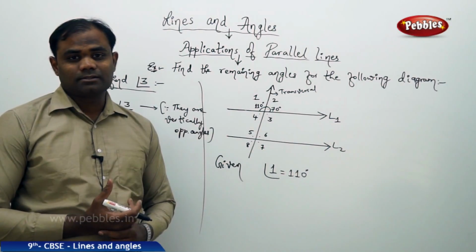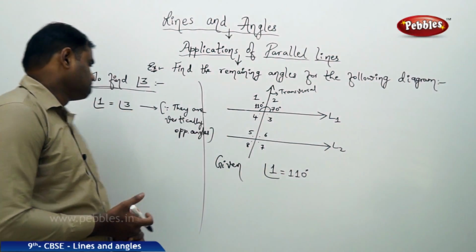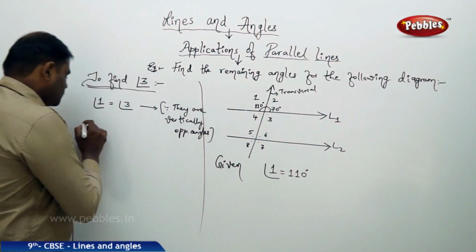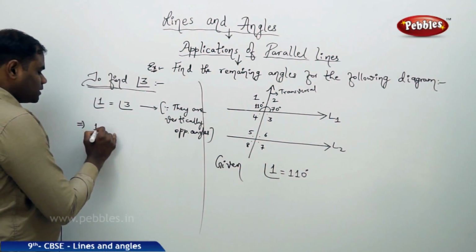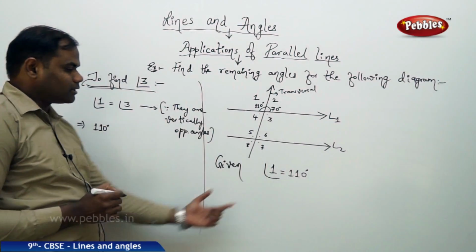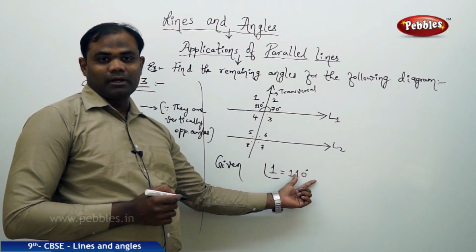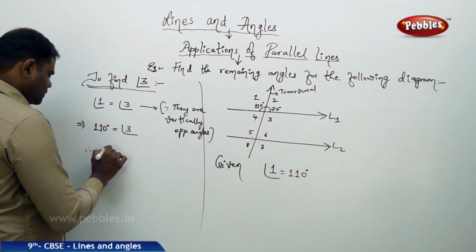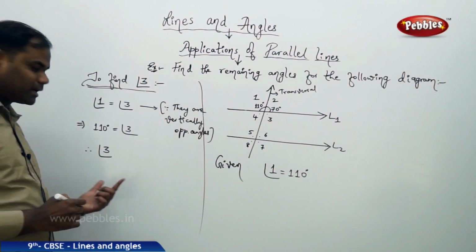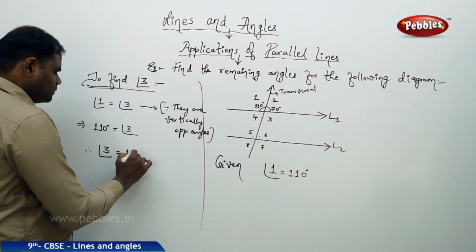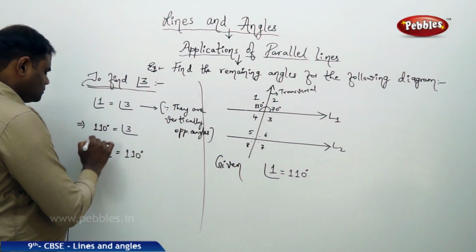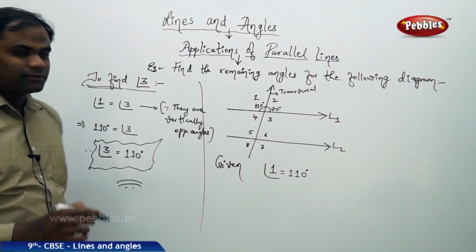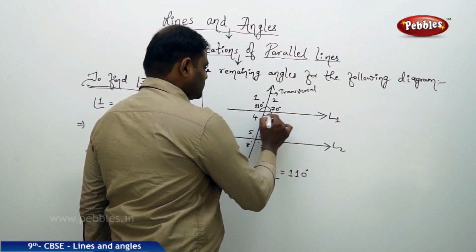Vertically opposite angles are always equal. Therefore, angle 1 equals angle 3. But we know that angle 1 is 110 degrees, as given in the problem. So angle 1, 110, equals angle 3. Therefore, my angle 3 is equal to 110 degrees.